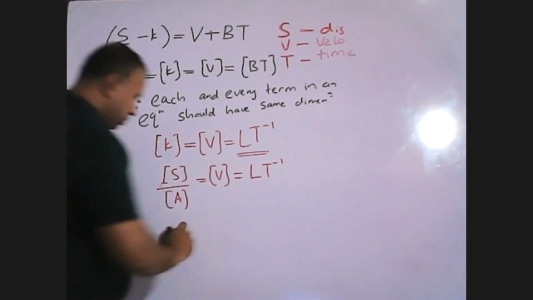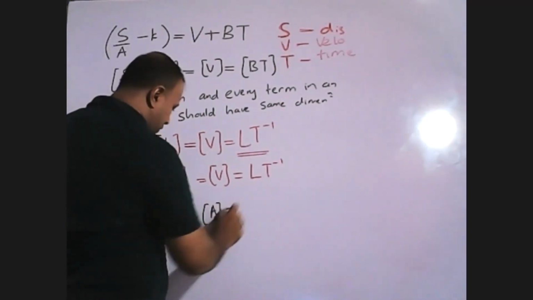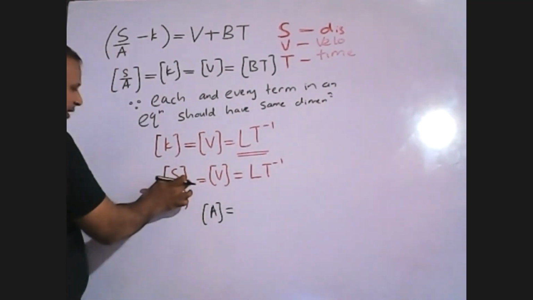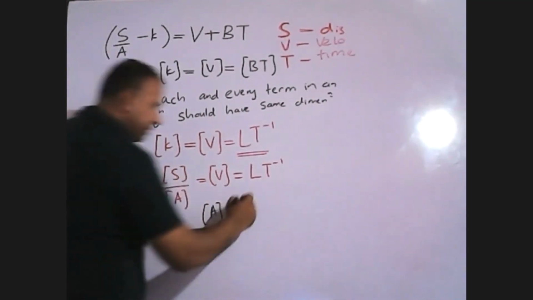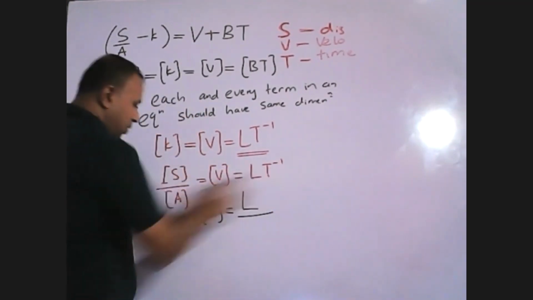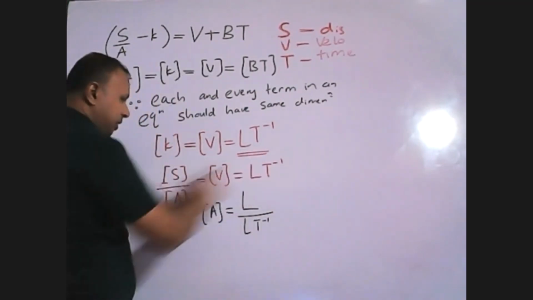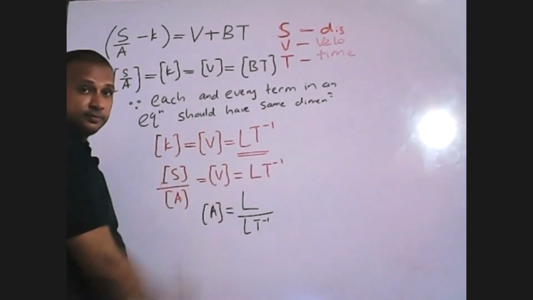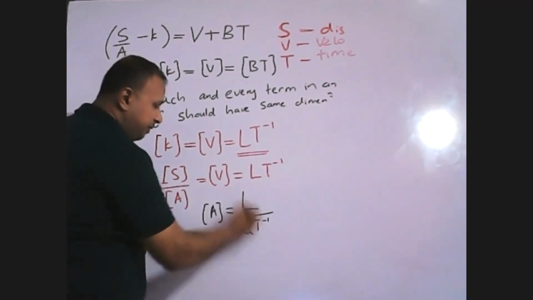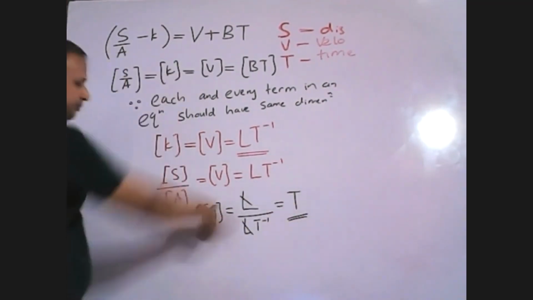So the dimension of A is, dimension of S means L, L over LT minus 1. Cross product. L to L will be cancelled out, then this one should be T.